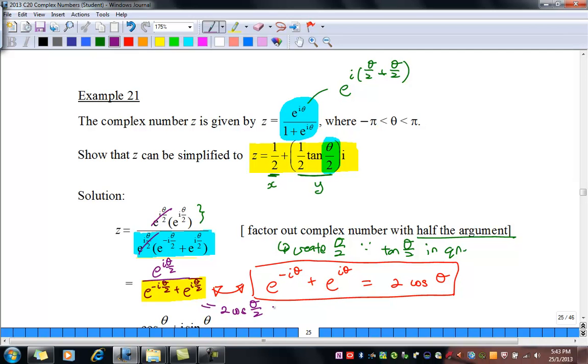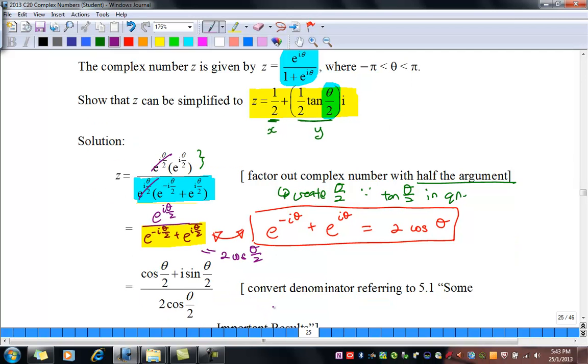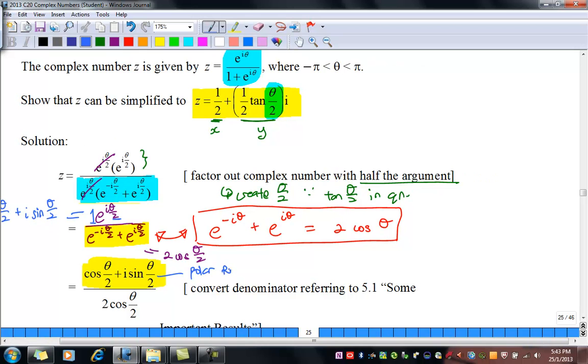As for the numerator, I can convert it into this form because the numerator here can be expressed in polar form as cosine theta over 2 plus i sine theta over 2. Hence, I can convert into polar form for the numerator, and for the denominator, I use the property that I mentioned earlier.